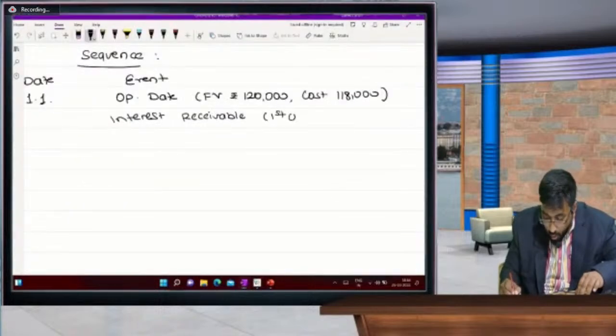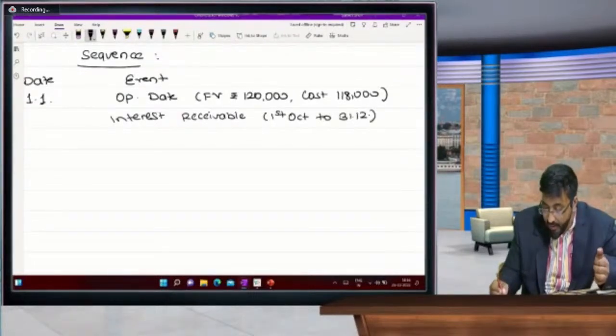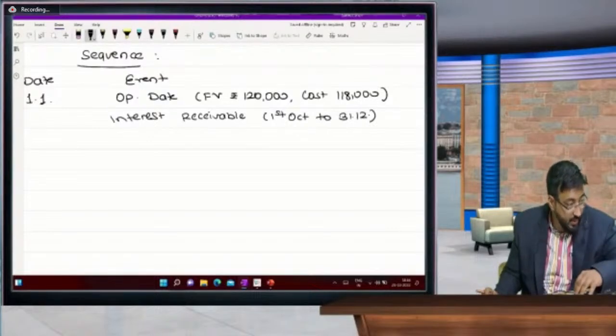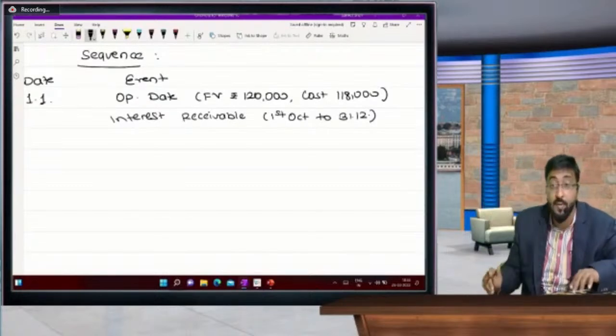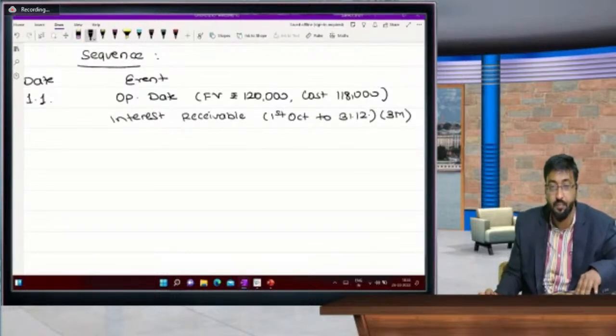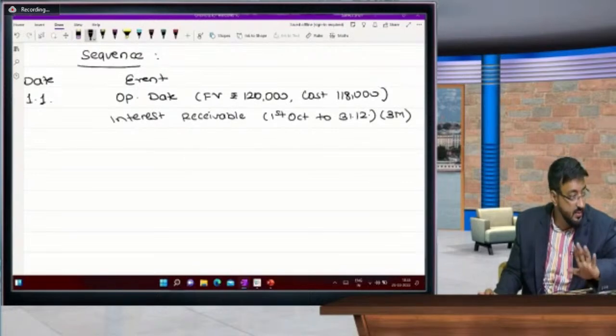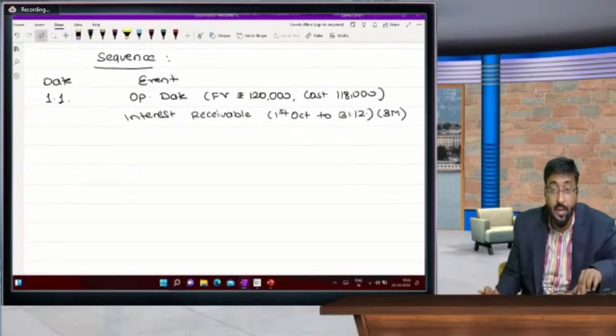So from 1st October we did not get interest. Up to 31st December is opening interest receivable. Correct? Opening interest receivable will come from where to where? Last year's October to 31st December. How many months, beta? 3 months. You got this sequence? Please note down this sequence, everyone: opening date, face value, rupees, cost, interest receivable, 1st October to 31st December.